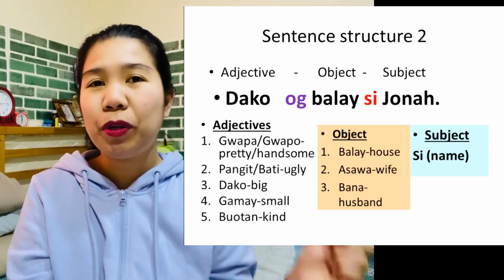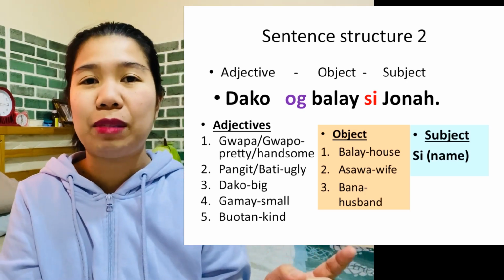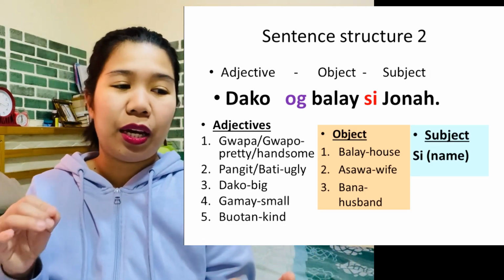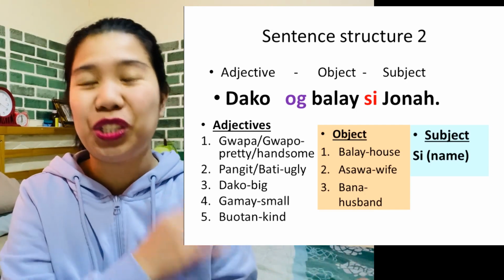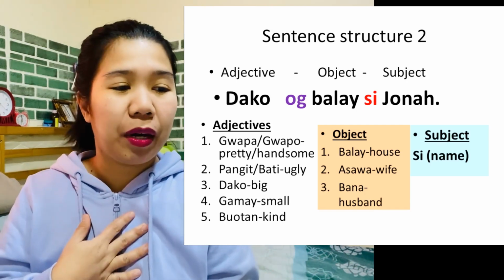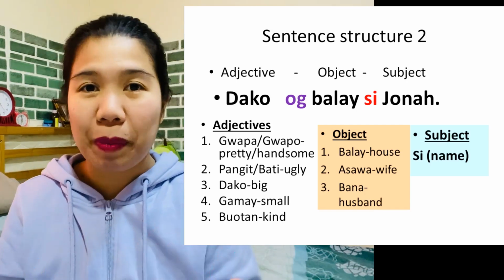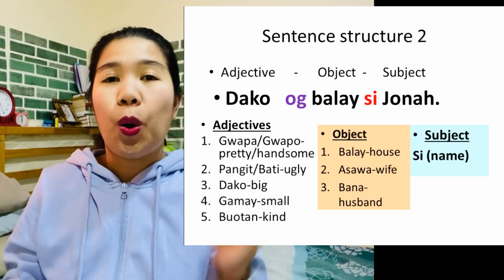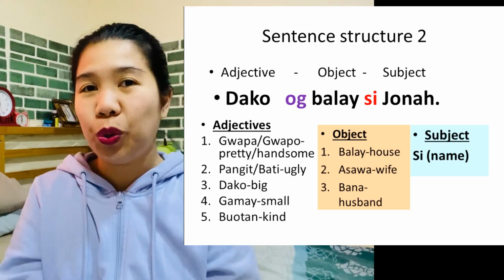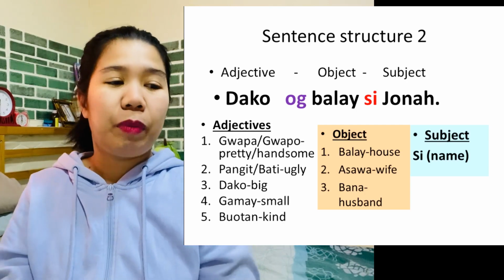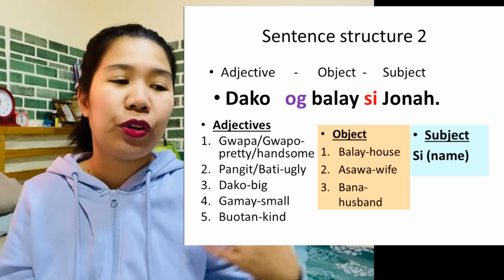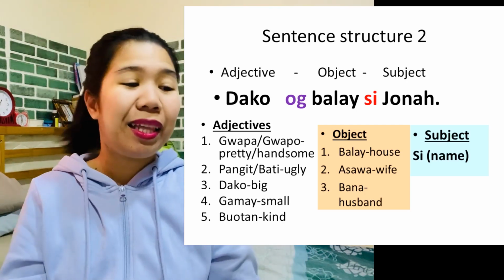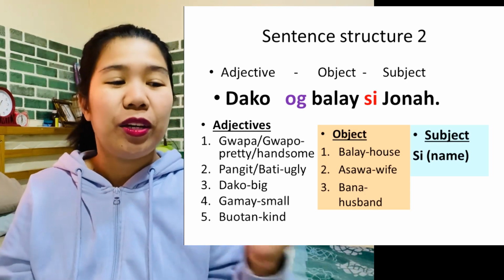Okay? In my previous lesson, you would notice that the spelling of og there before the object is UG, but actually the spelling of og there is OG. You will only use ug if you mean and. But if you will be using og before the object, the spelling should be OG.